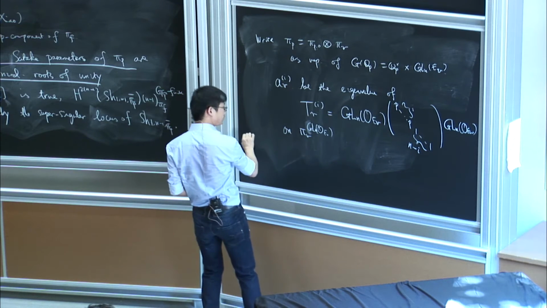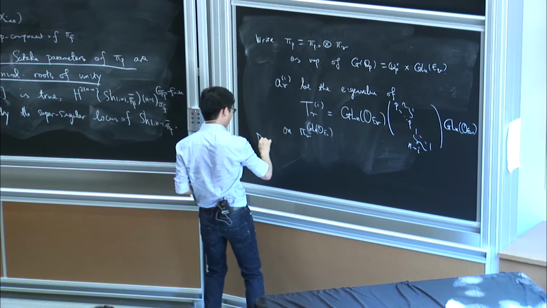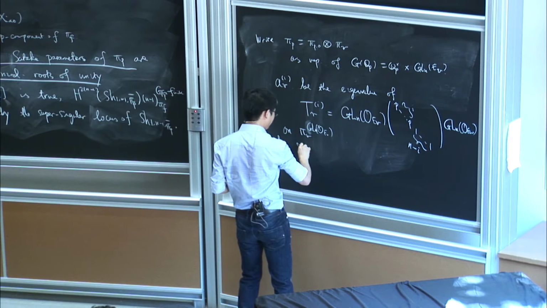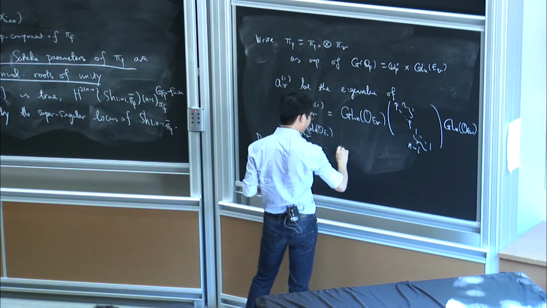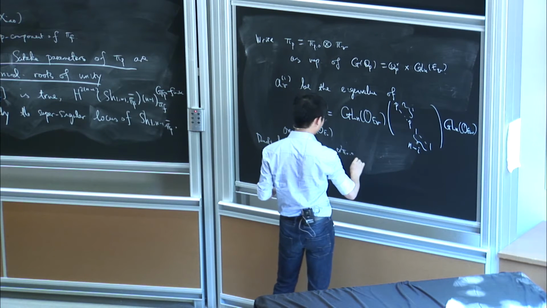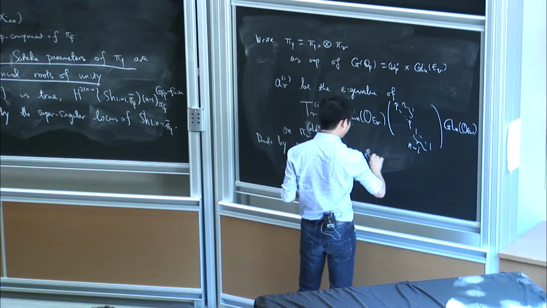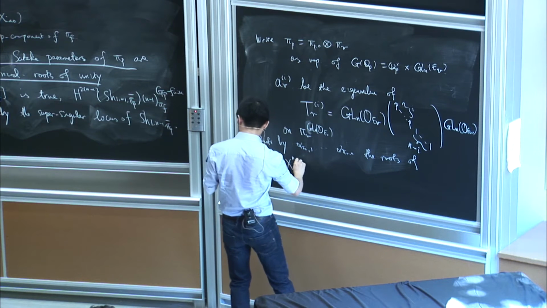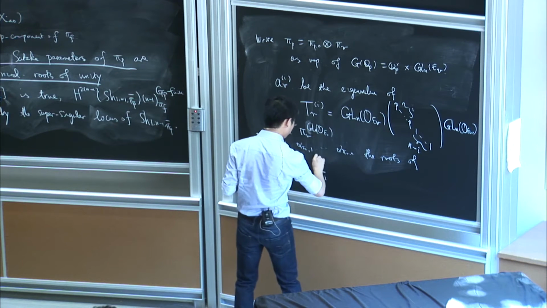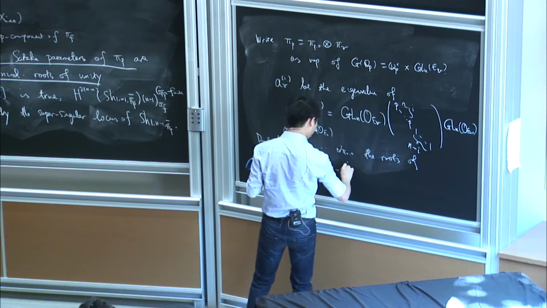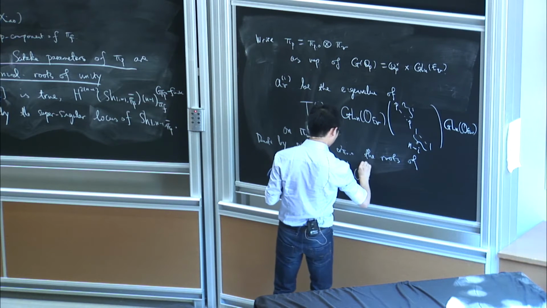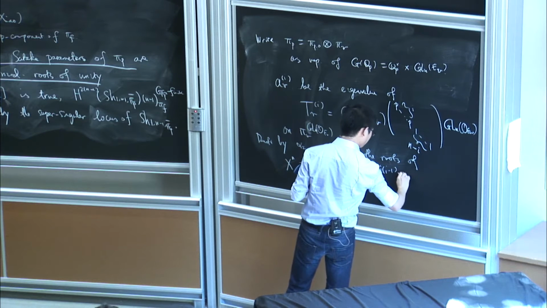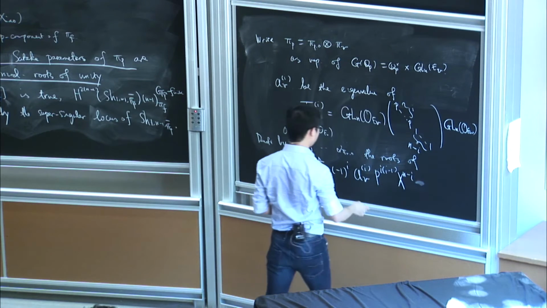And denote by alpha pi v1 until alpha pi vn the roots of the Hecke polynomial, written as x to the n plus the sum of (-1)^i a_i p to the i minus 1 x^(n-i). Okay, the roots of this.